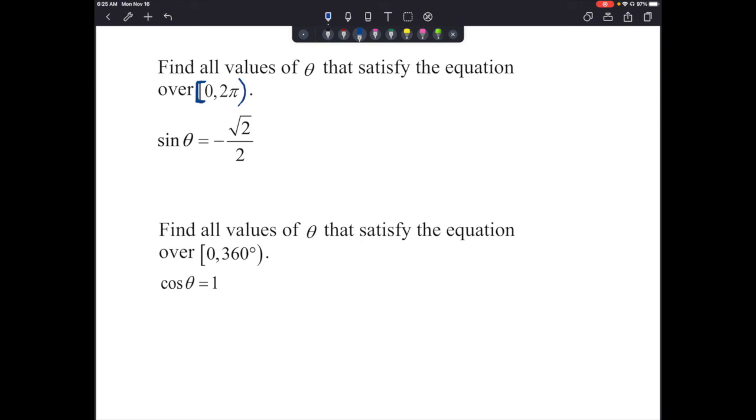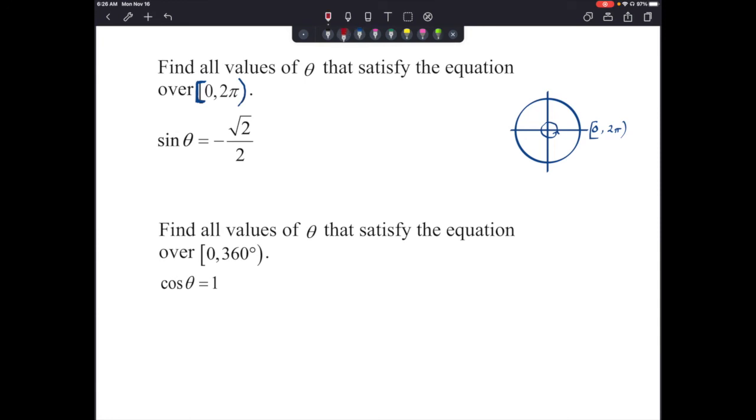So this is just meaning on our unit circle, when we draw it, we're looking at just one revolution, as we start here at 0 and go all the way around the circle to 2 pi. What would all of our answers be? And remember, we're not going to include 2 pi, but we will include 0 as a possible answer choice. So we're talking about the sine of theta is equal to negative radical 2 over 2.